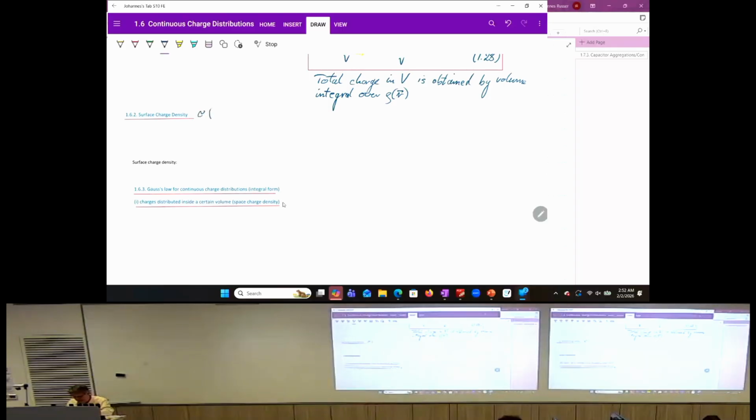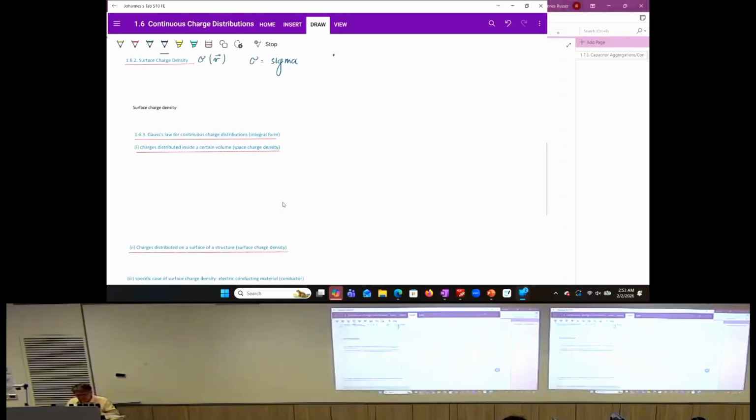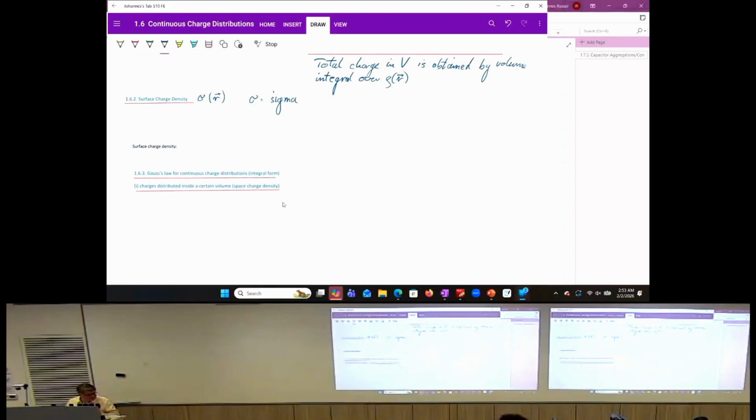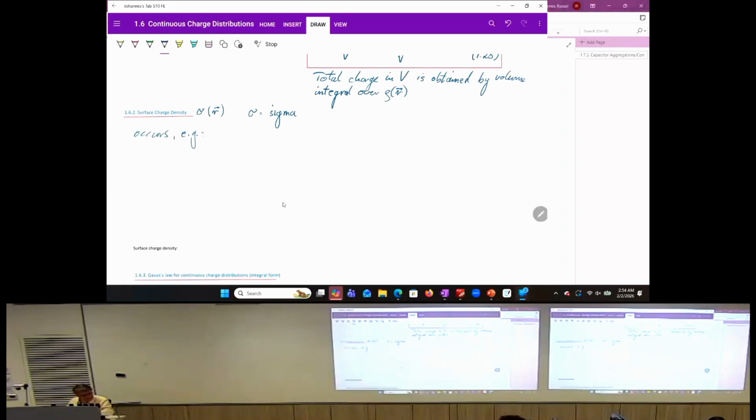This is sigma of r, a small sigma. And where do we encounter this surface charge? That can be, for example, at boundaries between materials.